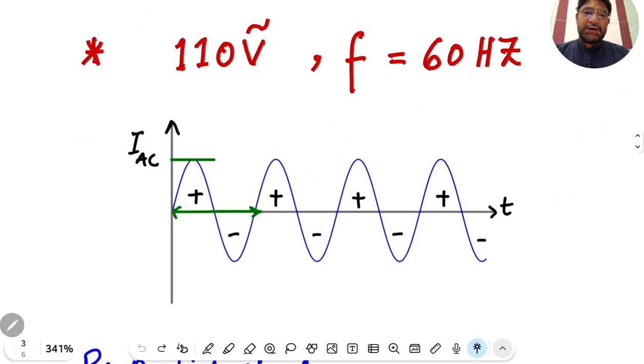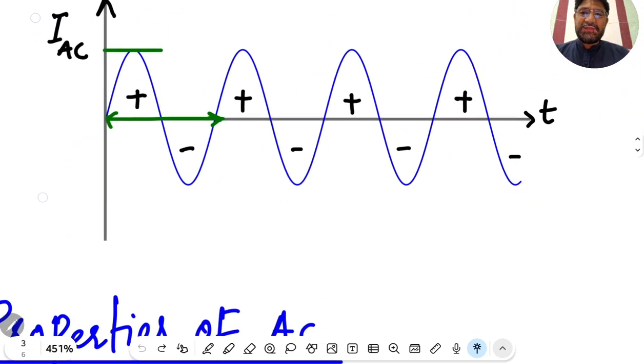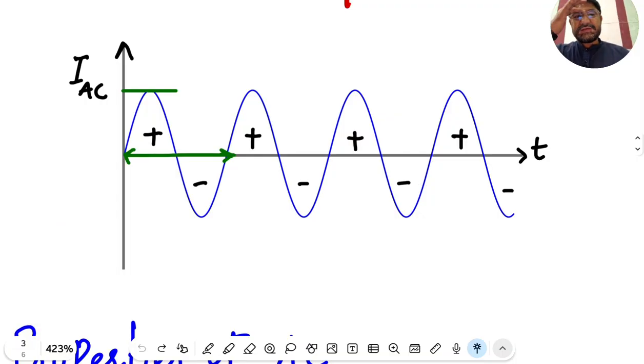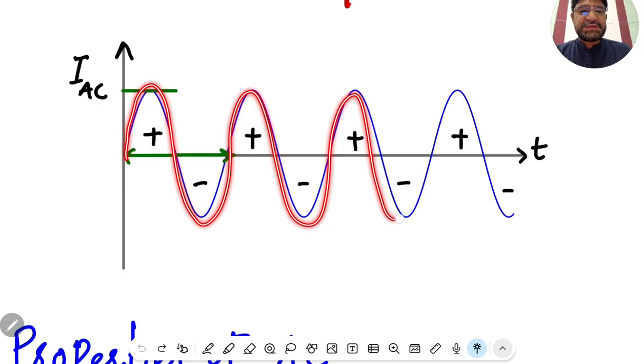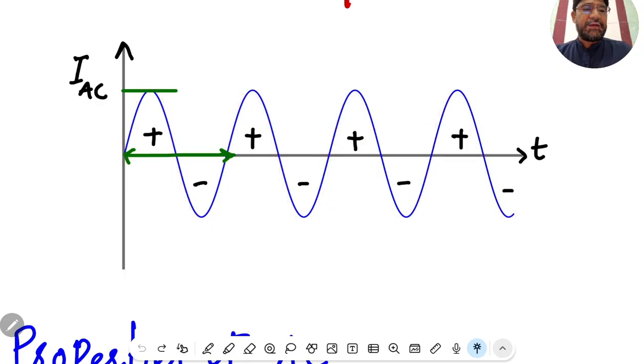Overall, after studying all these properties, I can make a profile of the alternating current: it has a reversible polarity and a variable magnitude. This is my alternating current wave shape, which is the variation of alternating current or alternating voltage over time.